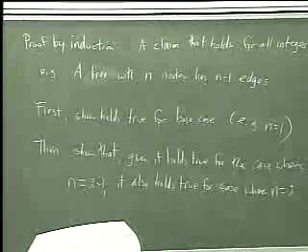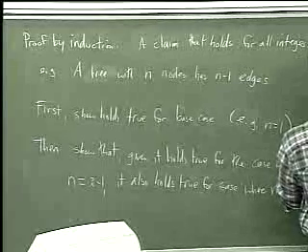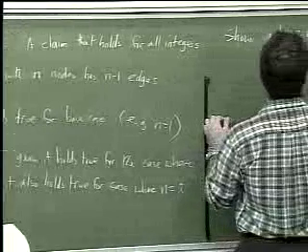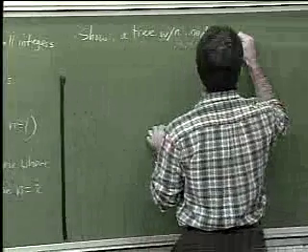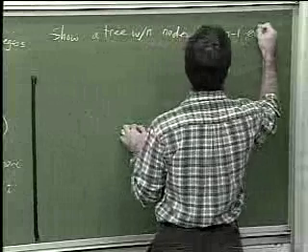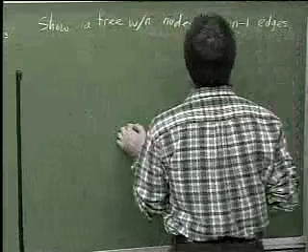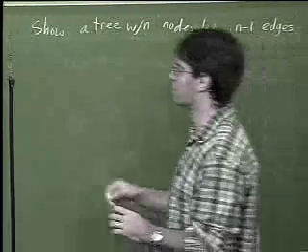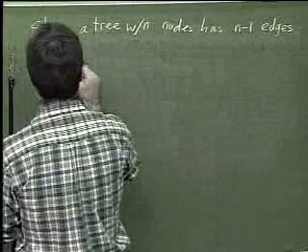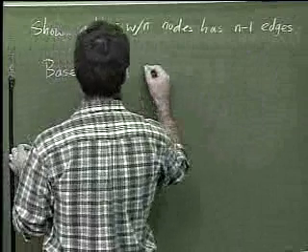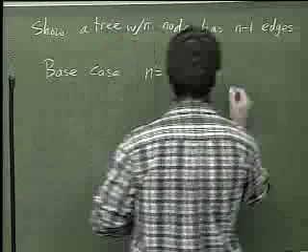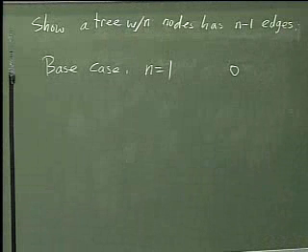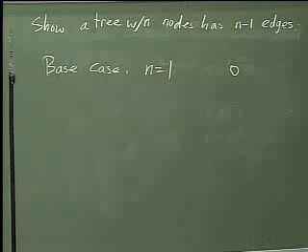So for our problem, to show a tree with n nodes has n minus 1 edges, first we'll do the base case, where n equals 1. I've got one node. Obviously, I have no edges. It's obviously true.